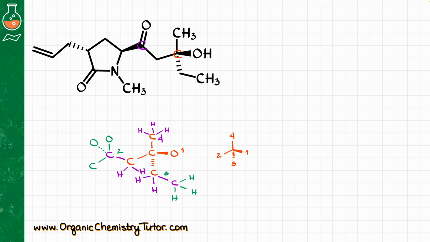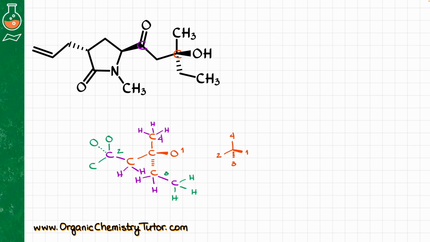Now in this case my lowest priority number 4 does not look away from me, so again I need to make sure that that guy is looking away before I assign my R and S stereodescriptors. So I am going to do a double flip here in this case as well, like I did in my first example.